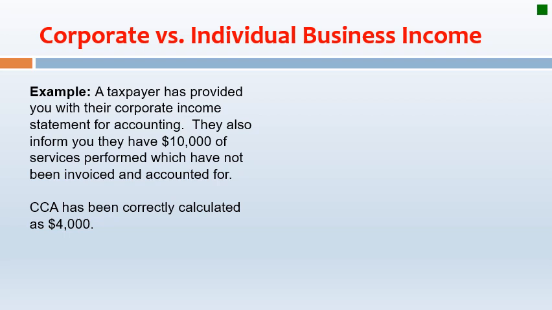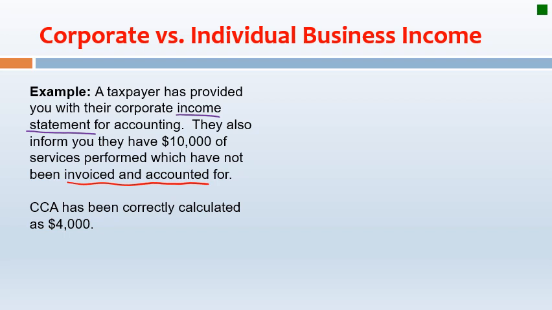So we'll take a look at this example here where we've got this taxpayer. They've come in, they've got their corporate income statement for accounting. Right? Just a regular income statement that you guys would be used to from your accounting courses. They also inform you they have $10,000 of services performed which have not been invoiced and accounted for. Now this is weird. I'm only putting this in here to demonstrate what you would do with this if you actually encountered this.